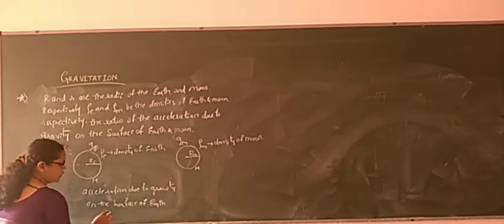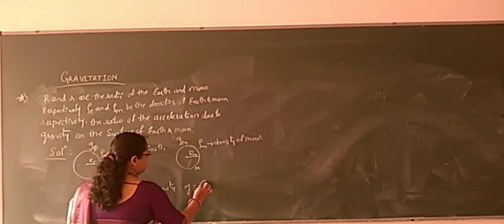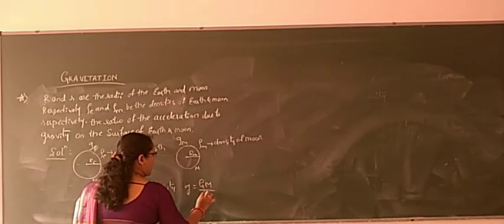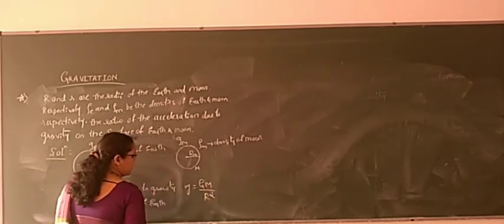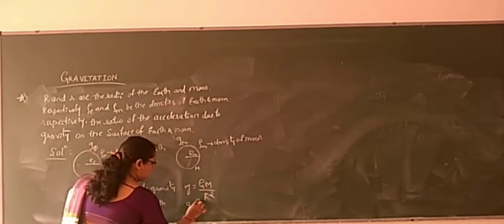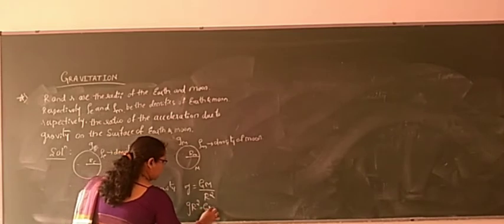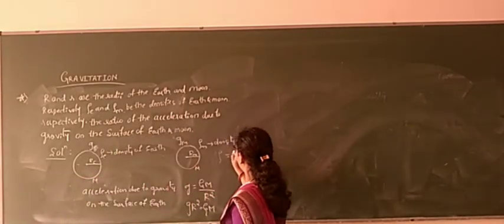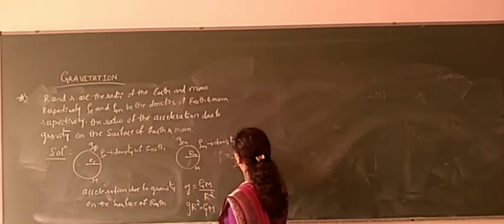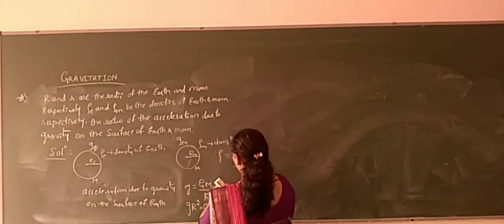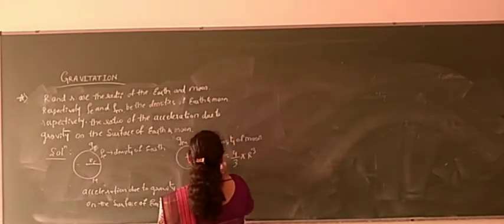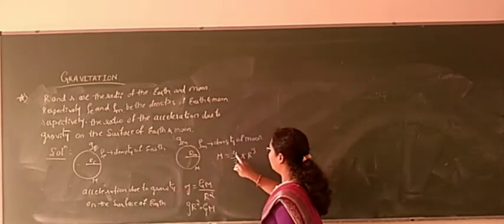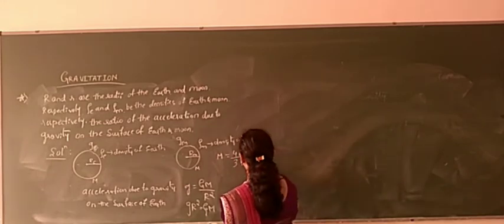As we know here, g is equal to GM by R² here, right? So as it is, gR² is equal to GM. That we know very well, right? What is rho here? Rho is the density, where mass M will give you 4/3 π R³ ρ here.